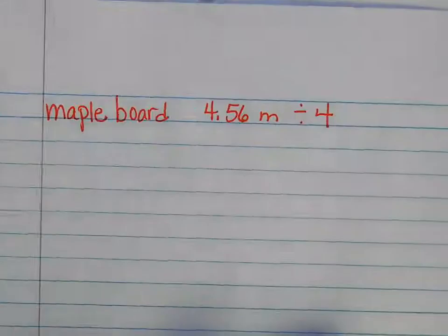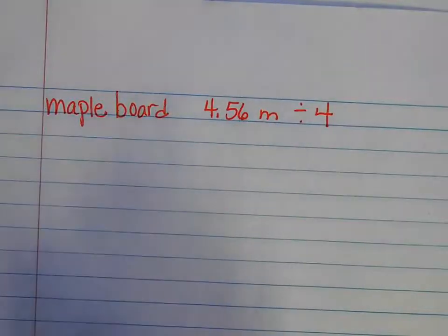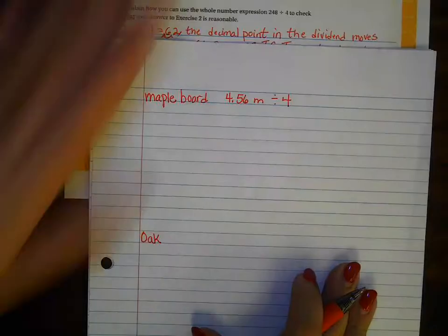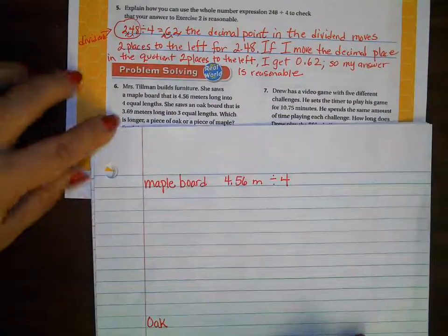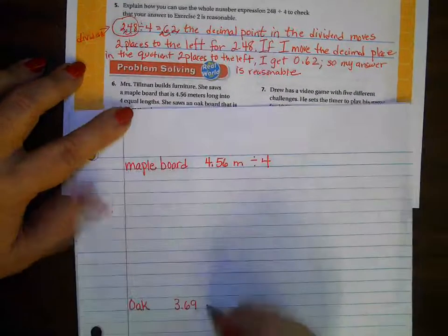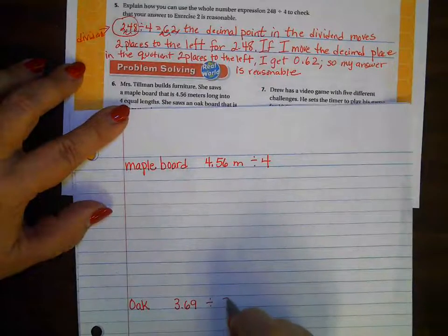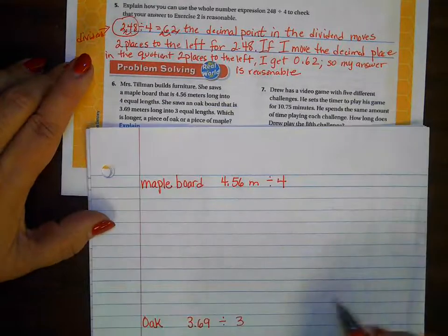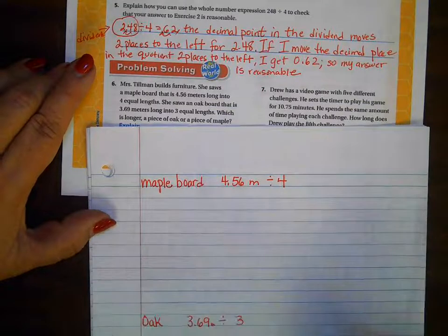And then I have, so this is what I did here. Now I have the oak. I'll bring the oak down here. Stretch this back out a bit. So there's the oak, and she has a board that's 3 and 69/100, and she's going to divide that into 3 equal parts or equal lengths.